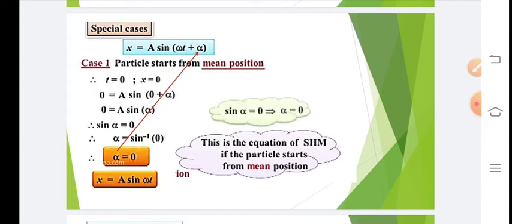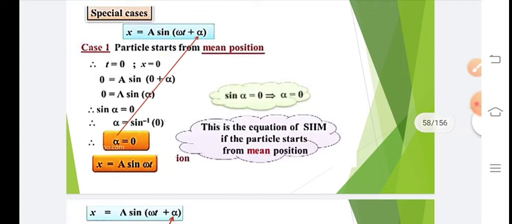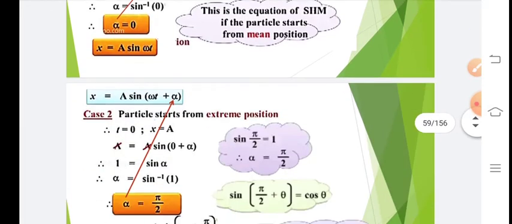So 0 is equal to a sine alpha, so sine alpha is equal to 0, that is alpha is equal to sine inverse of 0, so alpha is equal to 0 and x is equal to a sine omega t. So this is the equation of simple harmonic motion if the particle starts from the mean position. At mean position, x is equal to a sine omega t.